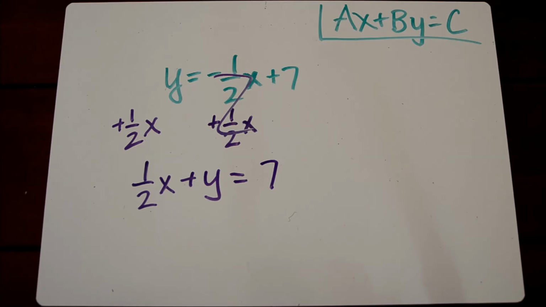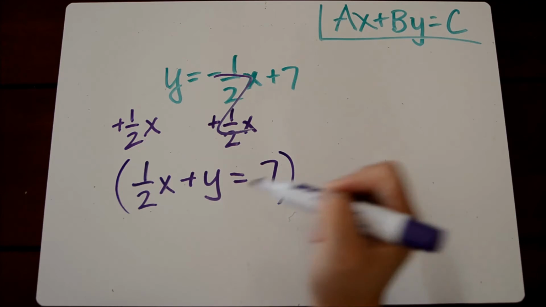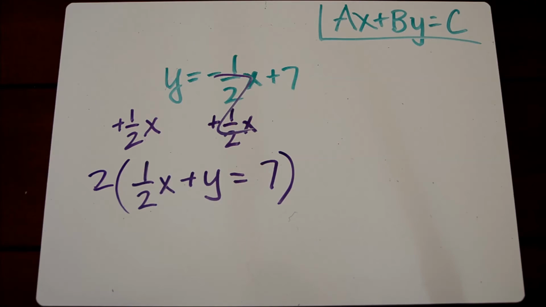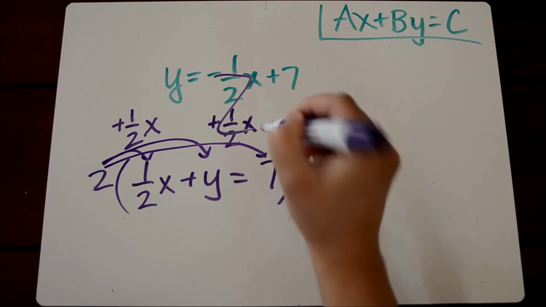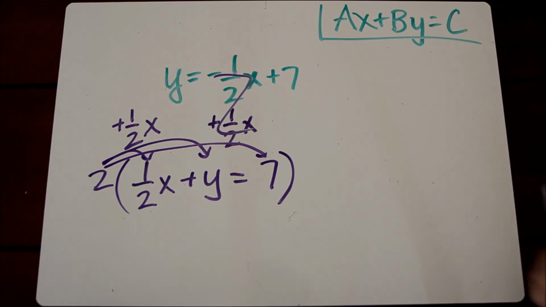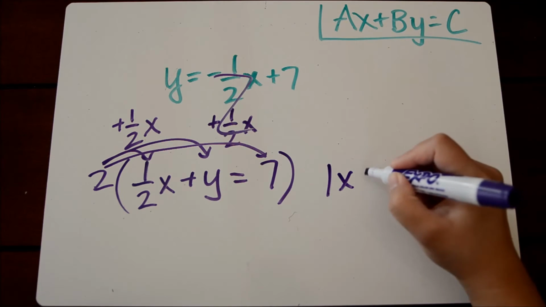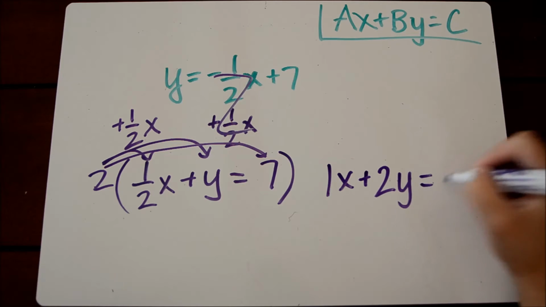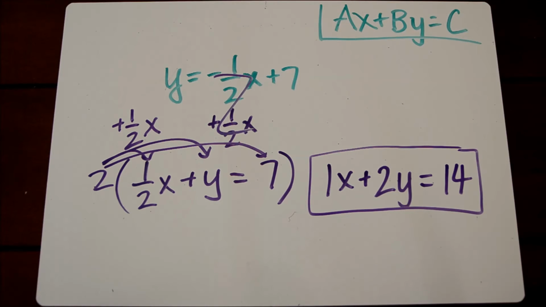So our a value is positive, however, we do have a fraction. To undo the fraction, we're going to multiply the entire equation by the denominator. So we have to remember we need to distribute this to every term in our equation. 2 times 1/2 x is 1x, 2 times y is 2y, and 2 times 7 is 14. So this is our answer in standard form.